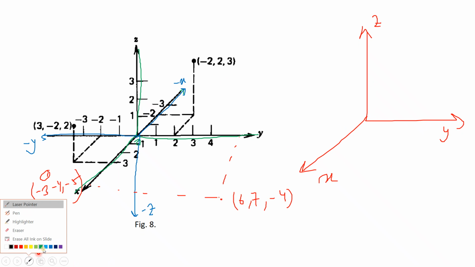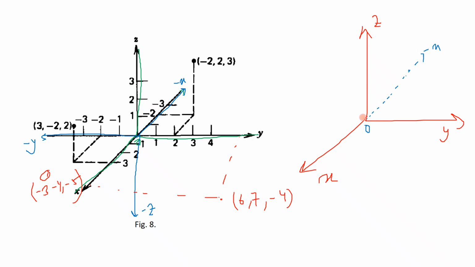This is a convention, you cannot change it. If you change it, then you will not be able to work. And on the other side, because this is the origin, on the other side it will be -x, here it will be -y, and here it will be -z. Got it?